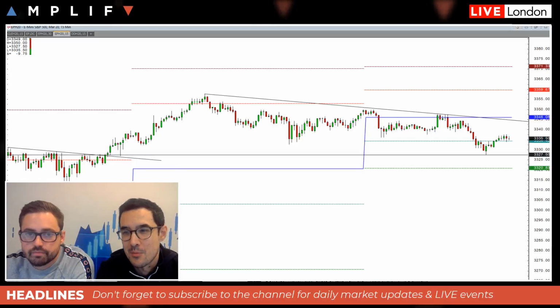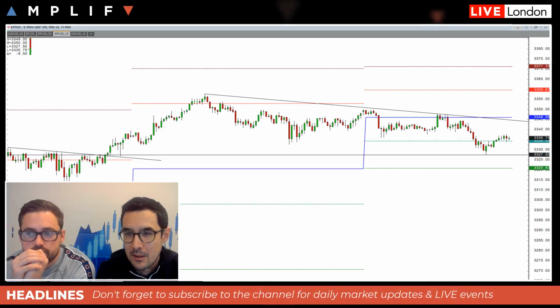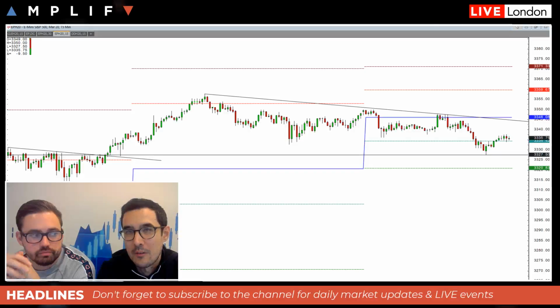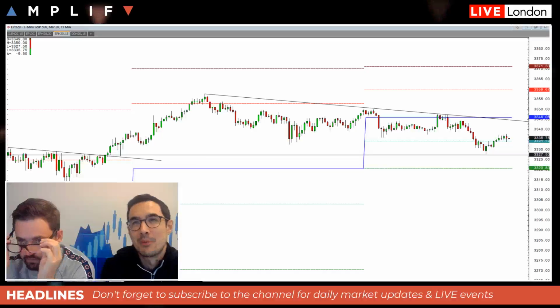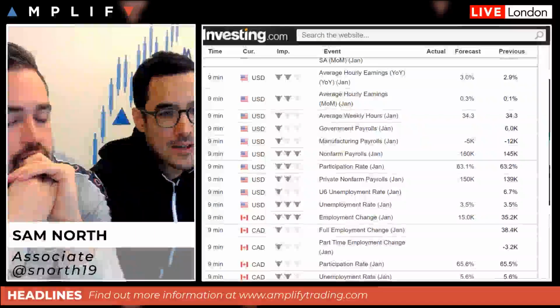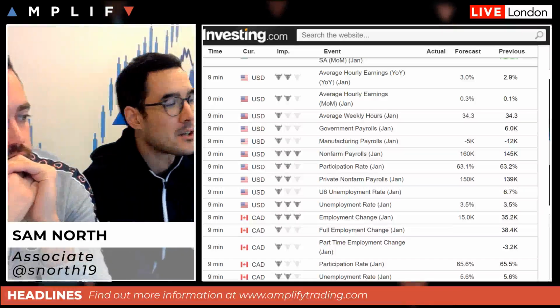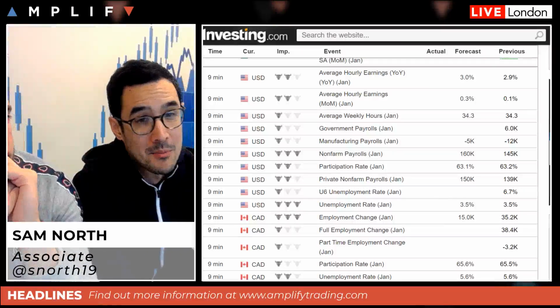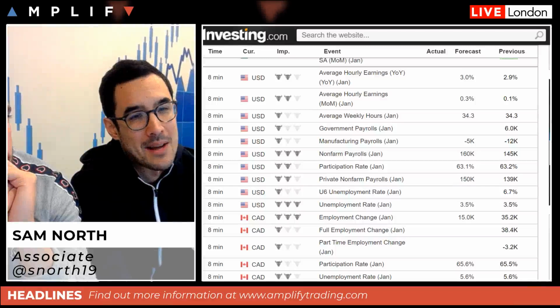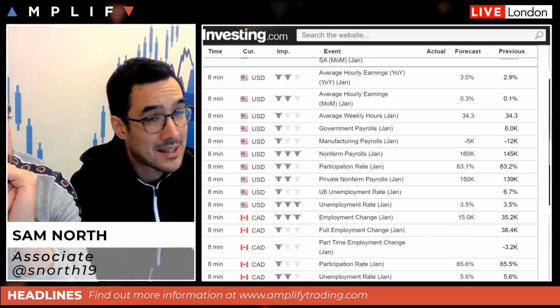One thing I just noticed while Sam was talking was, if you don't have access to, say, a professional Bloomberg terminal or Reuters terminal, anything like that, then probably the easiest resource to use for free is investing.com's calendar. It's a very quick calendar. I think they're plugged into the main API like the news agencies are, and they snap the data pretty much as soon as it comes out.